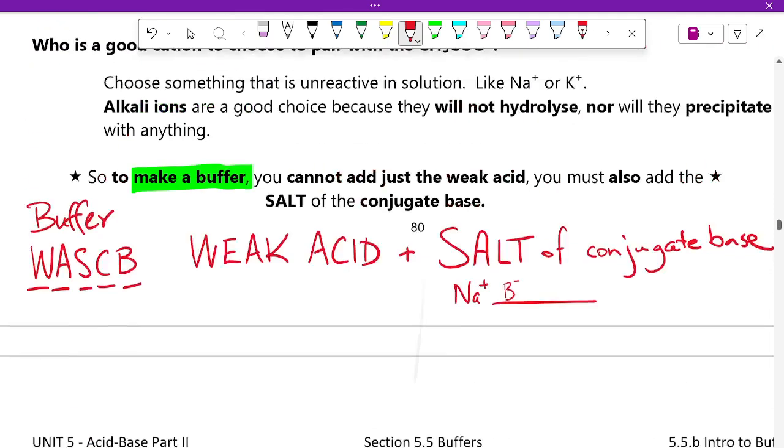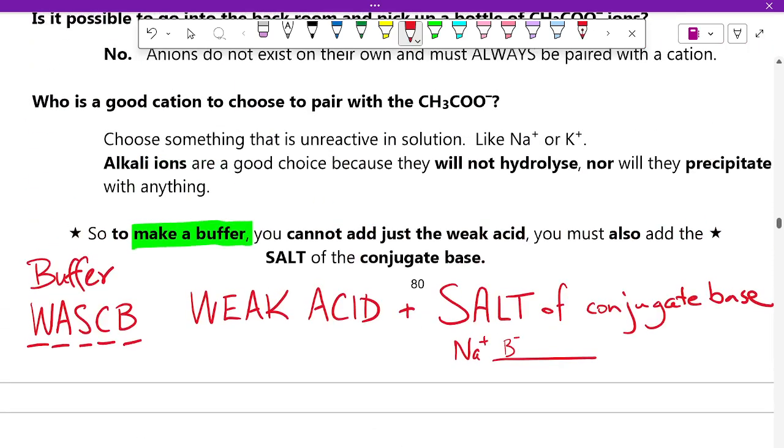Another way to make it, can you guess what another way to make it? If you could make it from a weak acid and the salt of its conjugate base, what else could you use? You could use a weak base and the salt of its conjugate acid, a WUBSKA. Yes.